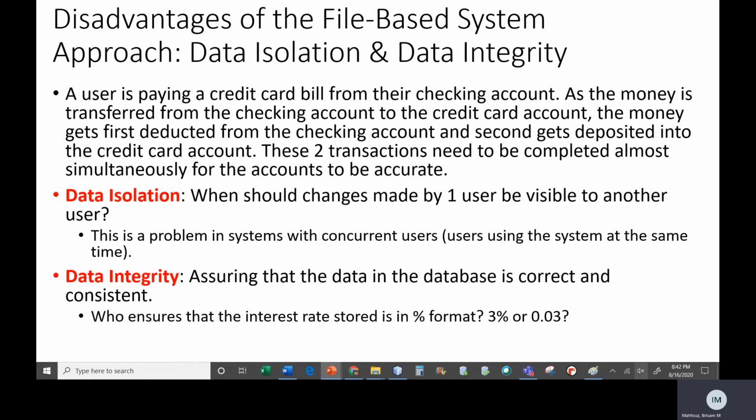When I'm storing someone's name, for example, is it first name space last name, or is it last name space first name, or is it last name comma space first name? That's also part of data integrity, making sure that all the data that is stored is consistent in all places. Okay, so that everyone is storing the data in the same expected format.